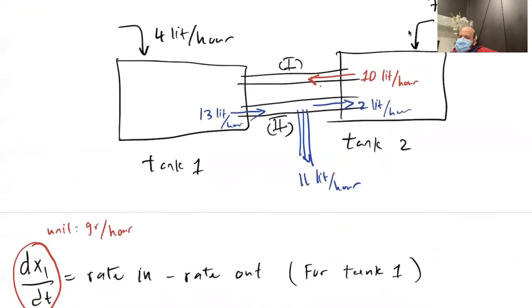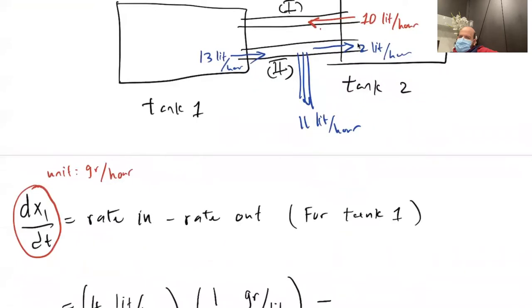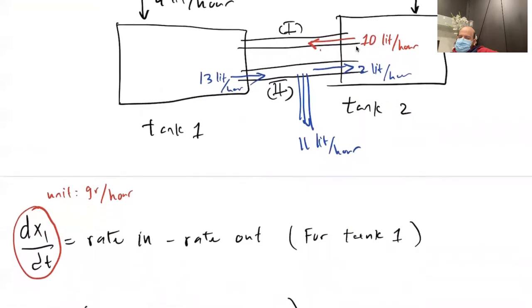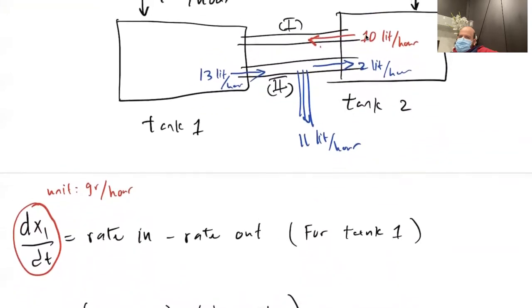After each hour, 7 liters added here, 2 liters added here, so that's 9 liters coming in, and 10 liters goes out.